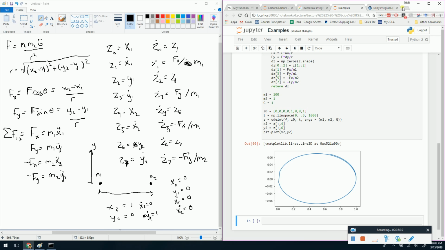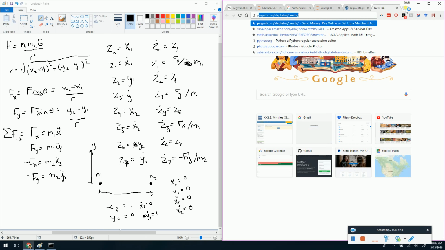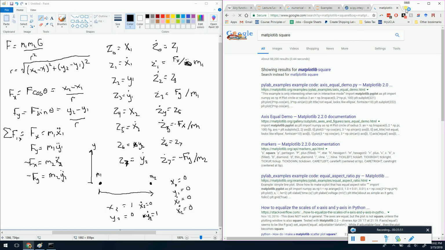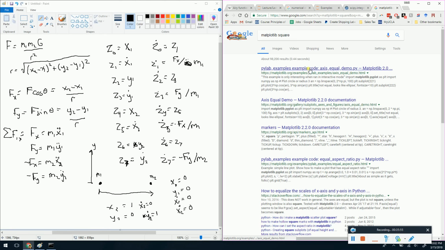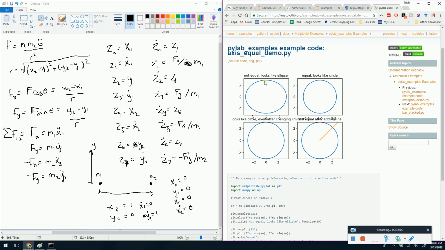Let's see if we can make this plot so that the axes are square, I think, or equal, something like that. I forget what it's called. Matplotlib square. Axis equal. Not equal looks like an ellipse. Equal looks like a circle.